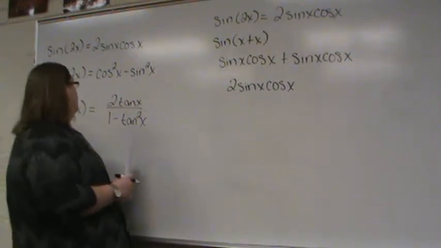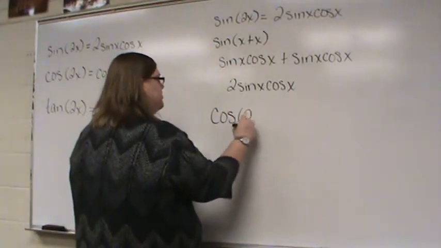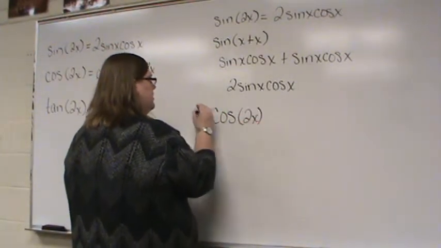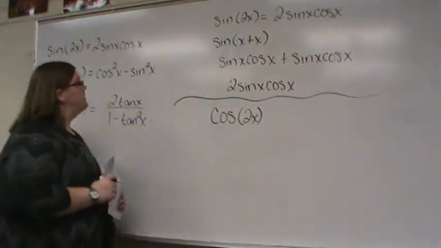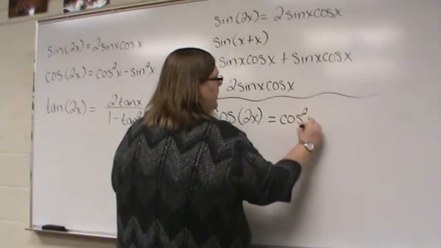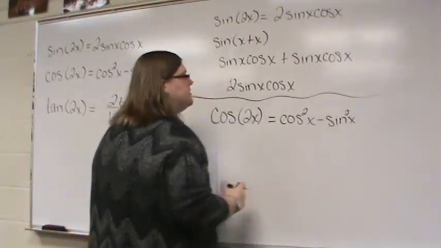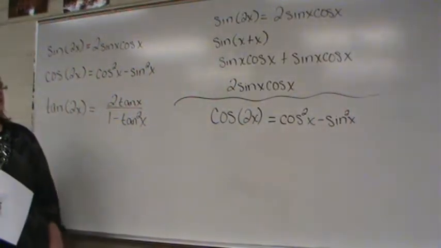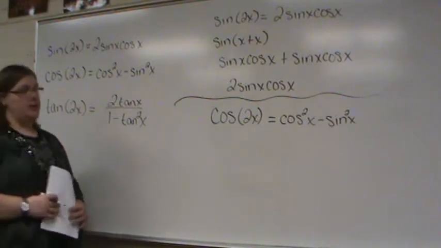Alright, so now we're going to look at cosine 2x. Cosine 2x equals cosine squared x minus sine squared x. Can we not do the same thing that we just did? Cosine x plus x.